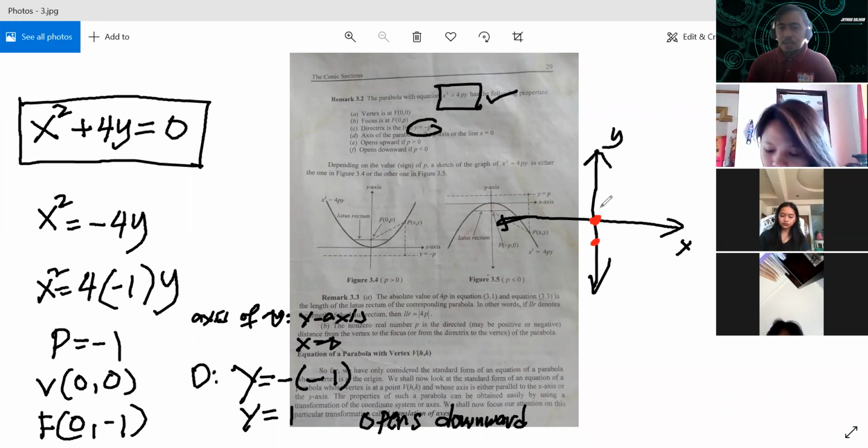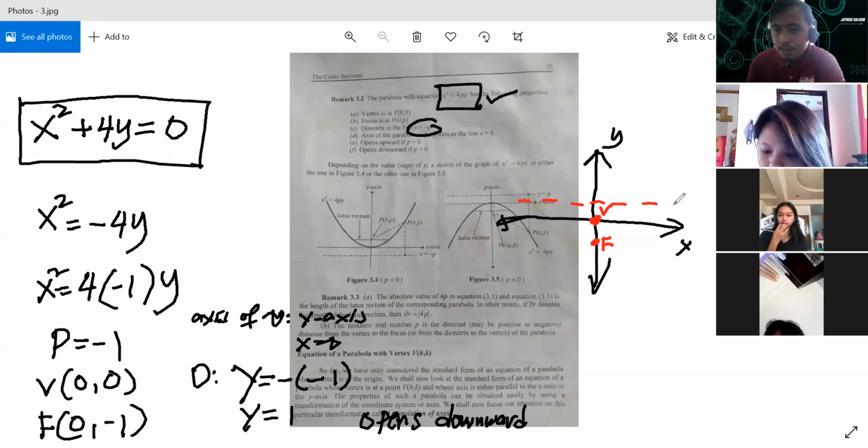This is our vertex, this is our focus. How about our directrix? The directrix is the line y equal to 1, and that is somewhere here. Agree?